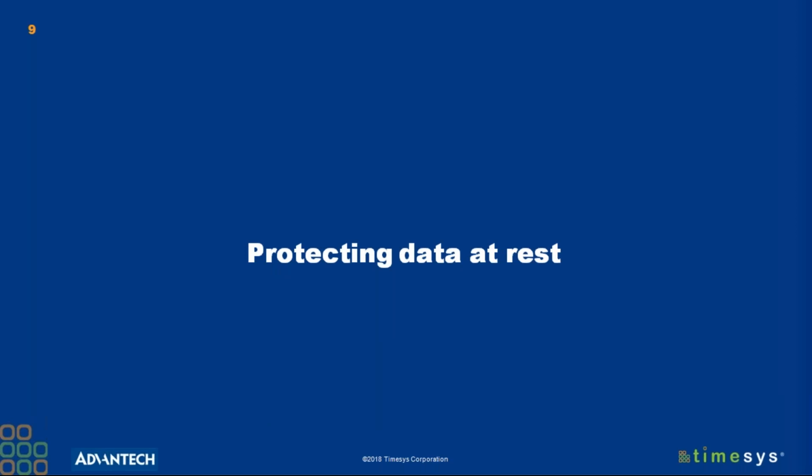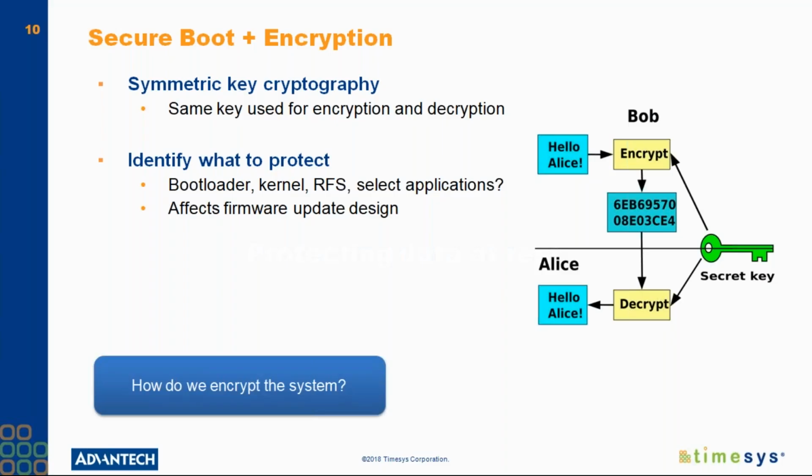So the first one is protecting data at rest, and it is achieved using encryption. On the i.MX6 platform, there is an option for encrypting the bootloader, and you can extend that to the kernel. And using some open source technologies, you can extend that to the root file system as well.